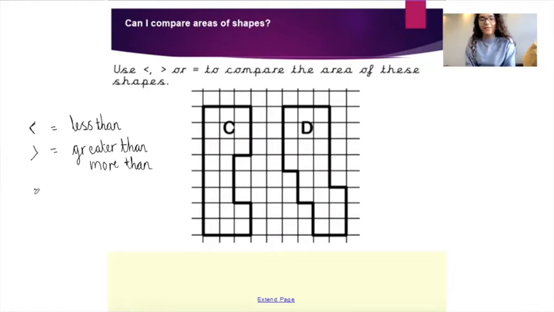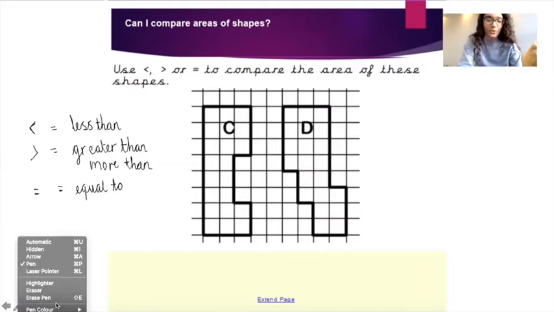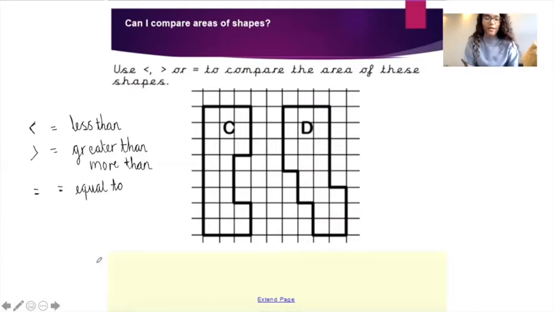Then we have a sign that we've seen definitely a lot, and that means equal to. So I'm going to use a different color just to separate them. So that is one, that is another, and that is our third sign.